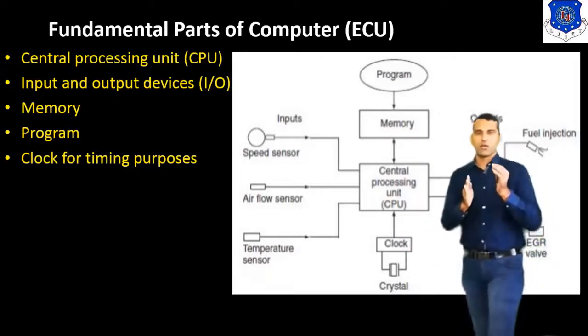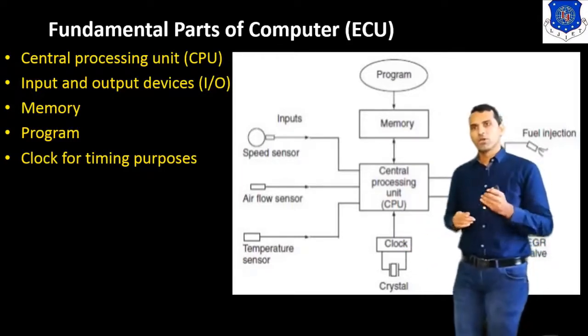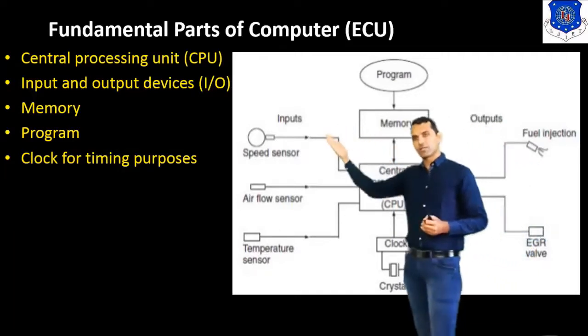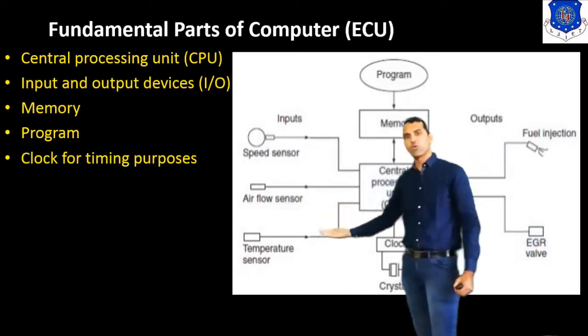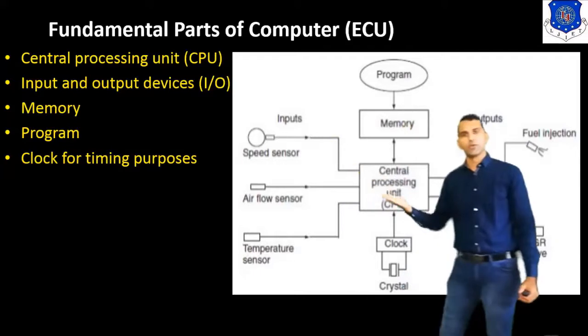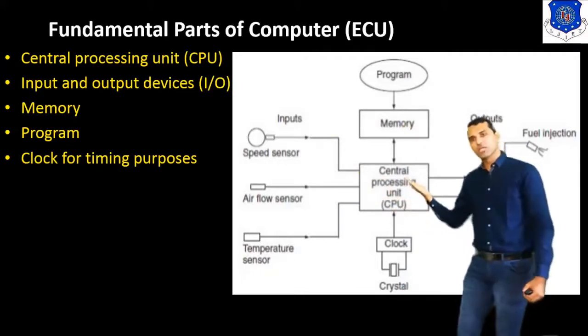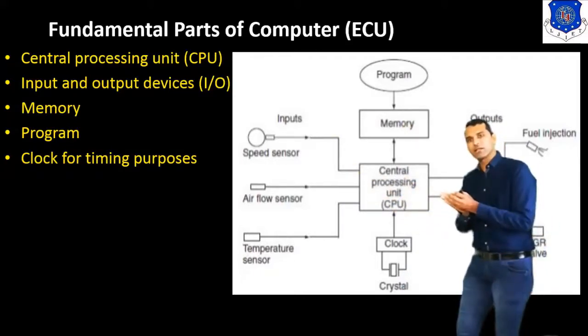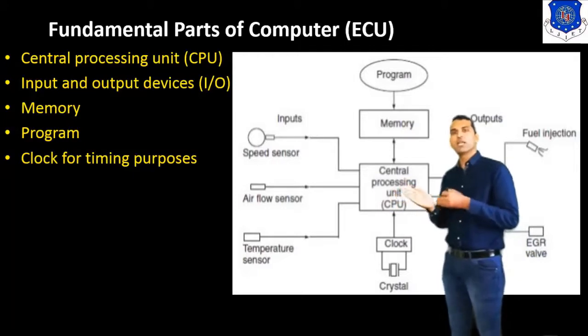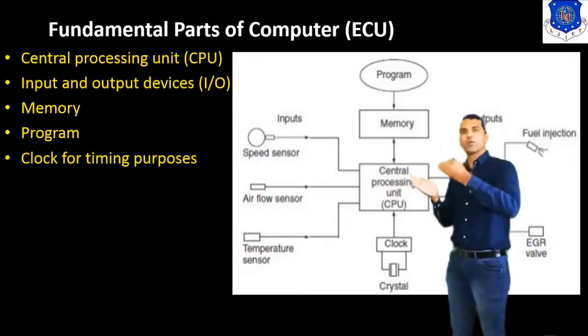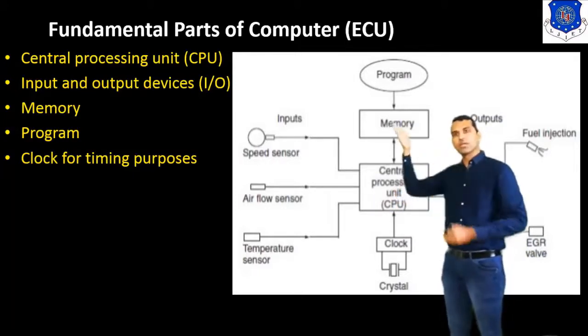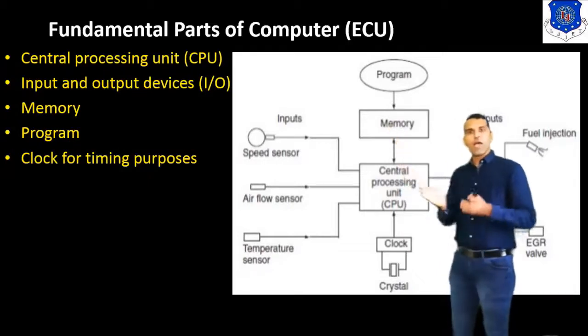Now let us understand how it works. The different sensors provide the input data to this CPU. The CPU compares this data with the predefined data that is stored inside the memory.